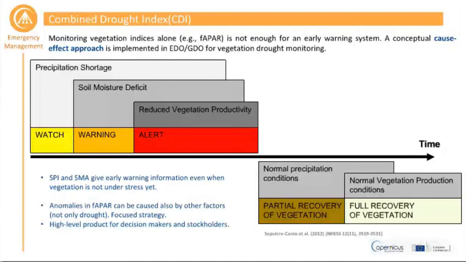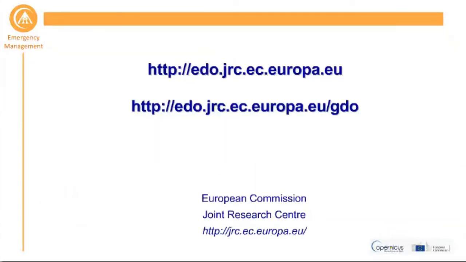And also this index, combining all the information provided by precipitation, soil moisture and vegetation, gives us a synthetic descriptor of the agricultural drought. So in a single map, a policymaker, a decision maker, or stakeholders can just look at this map and understand in a simple way in which phase of the drought process we are at the moment in the event.